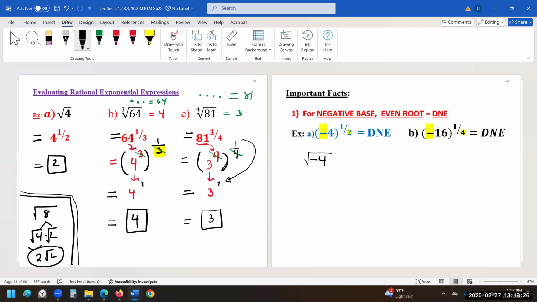You can say -2. But -2 times -2 is +4. See? We can never multiply the same number an even number of times and have it turn into negative. In real life, it's not possible. So for this case, square root of -4 doesn't exist in the real world. But it does exist in the imaginary world.